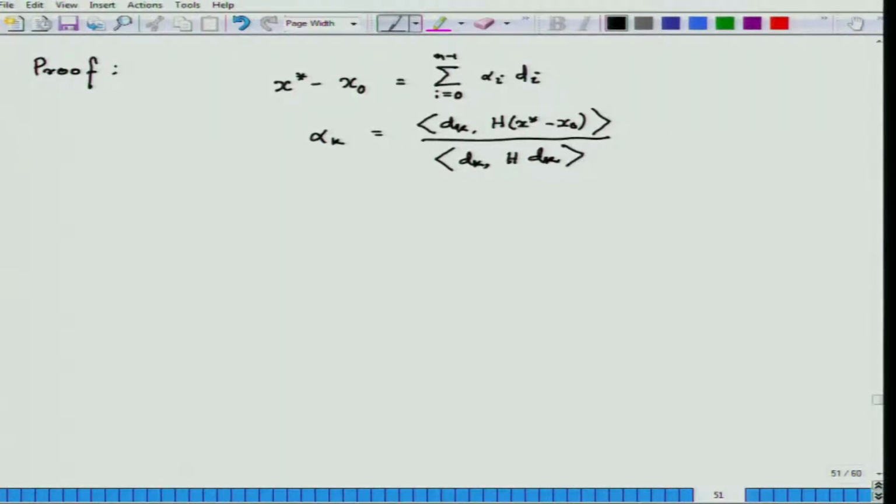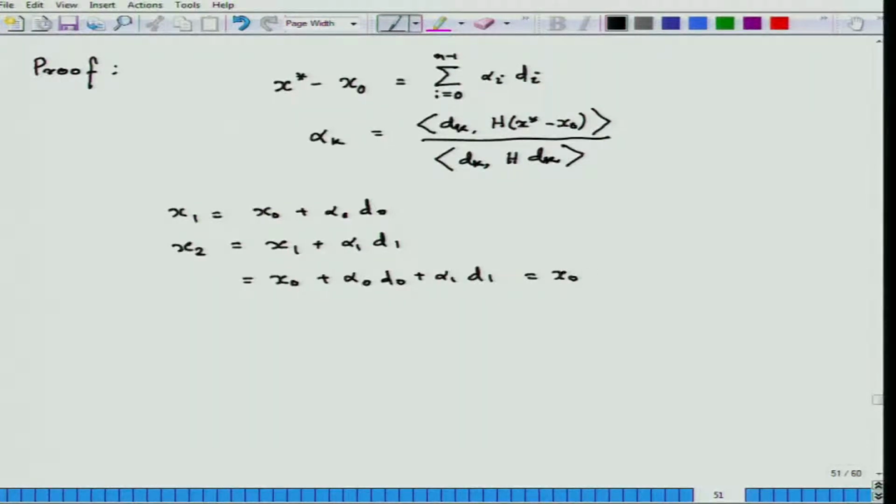Now, if you observe what I have done, x1 is x naught plus alpha naught d naught, while x2 is nothing but x1 plus alpha 1 d1, which is nothing but x naught plus alpha naught d naught plus alpha 1 d1, that is x naught plus summation i equal to 0 to 1 alpha i d i.